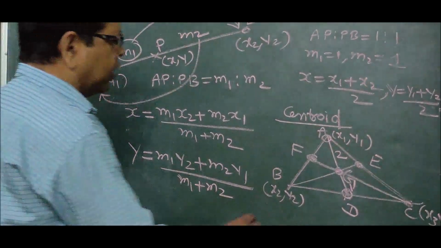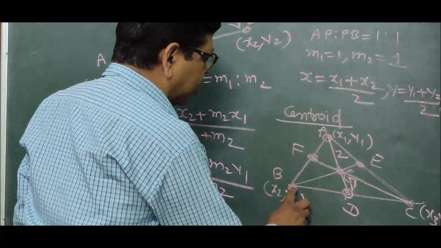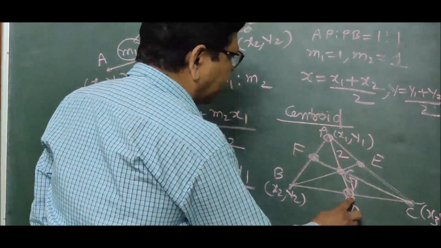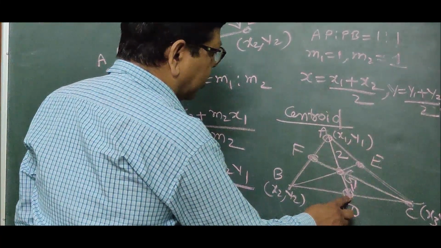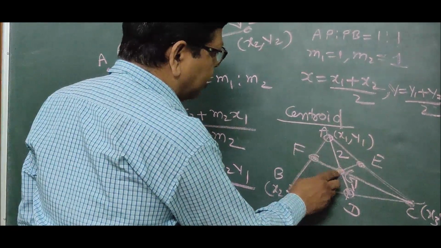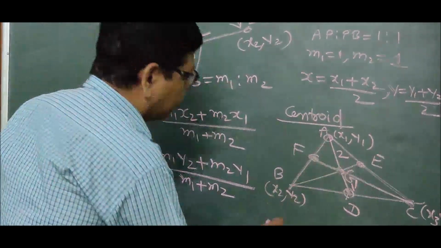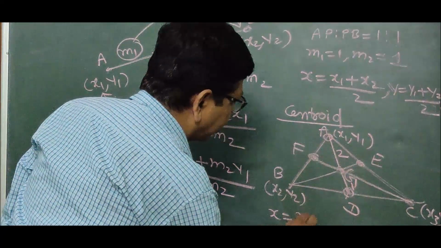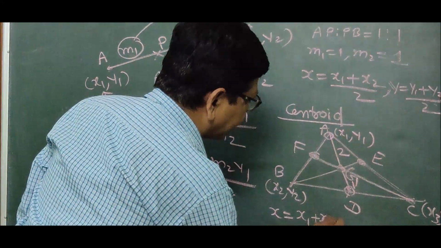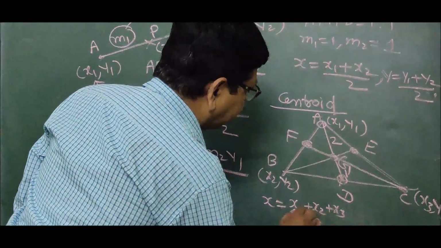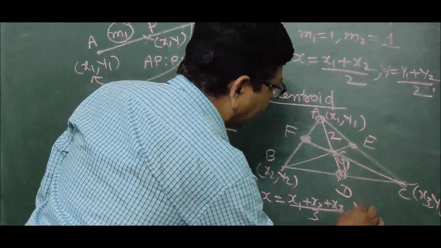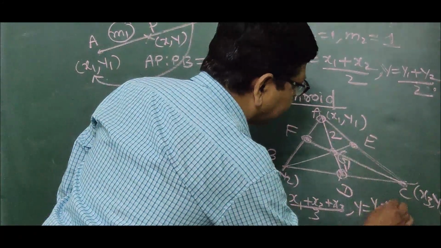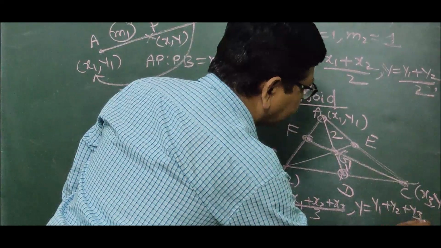And if we find the coordinates of midpoint D and then the coordinates of point G, we can get the coordinates of G: x coordinate is x1 plus x2 plus x3 upon 3, and y coordinate is equal to y1 plus y2 plus y3 upon 3.